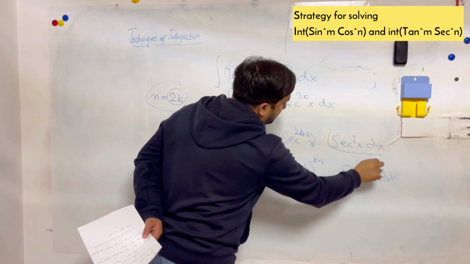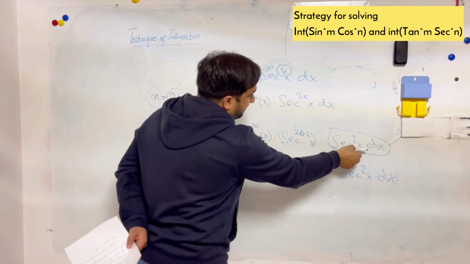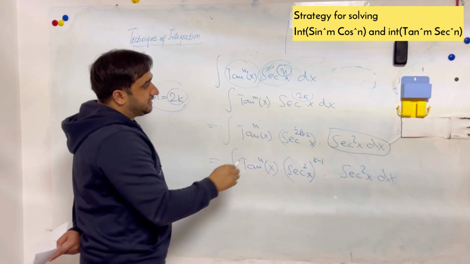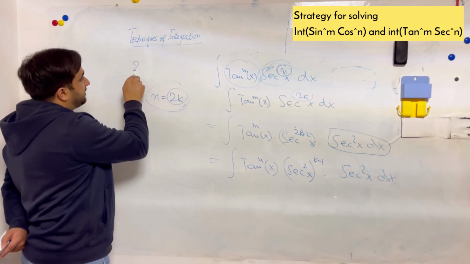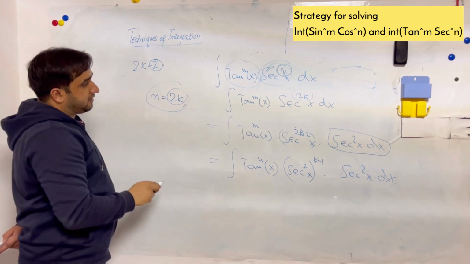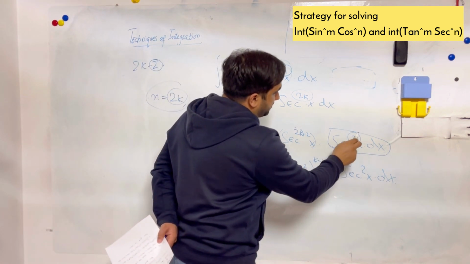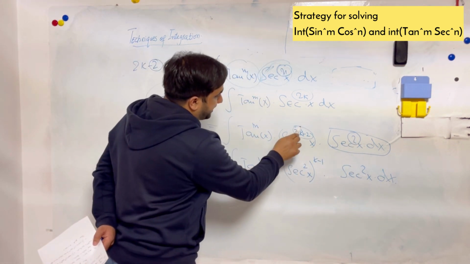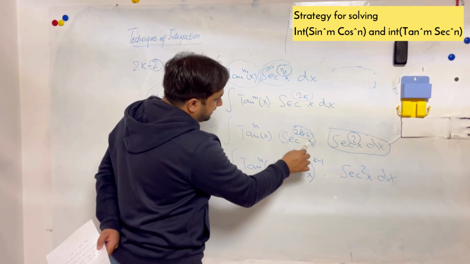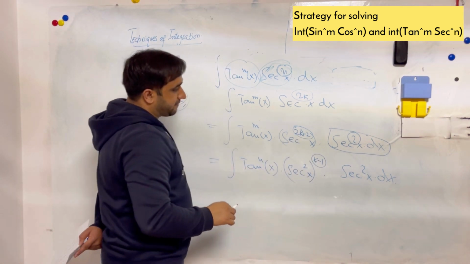I kept it there. Now when I pick up one secant square out of the 2k, the remaining will be 2k minus 2, because I have taken 1 times 2 there. And when I take 2 as a common factor inside, the outside is k minus 1.